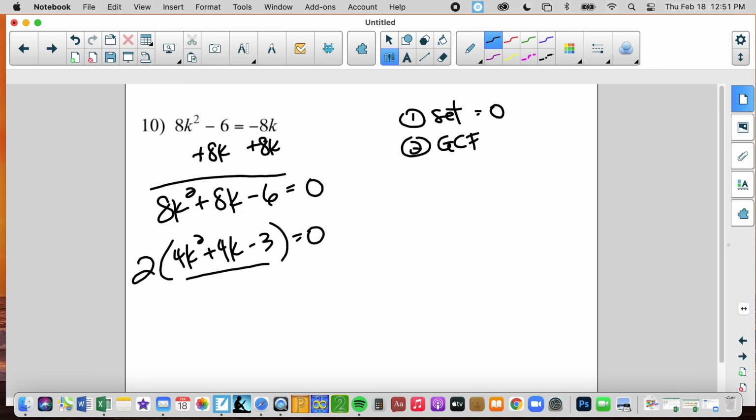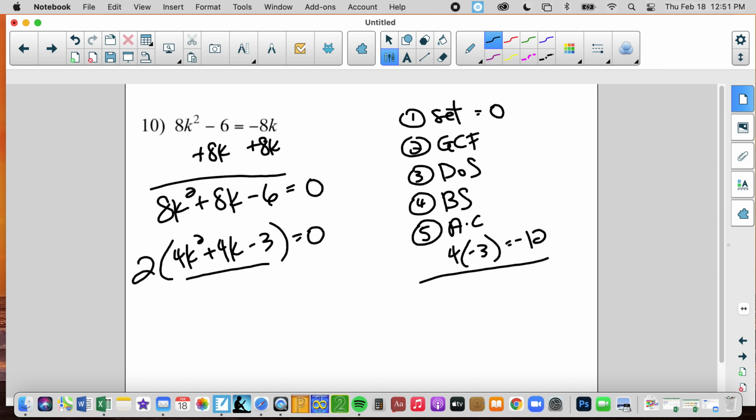We factored a 2 from each of those. And now we're going to check and see if it's the difference of squares. No. A binomial square. No. Then we'll do A times C. A is 4, C is negative 3. Factors of 12 are 1 and 12, 2 and 6, 3 and 4. Signs are different.